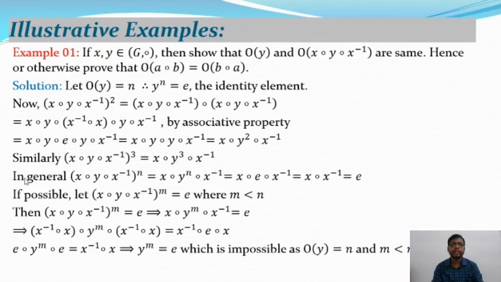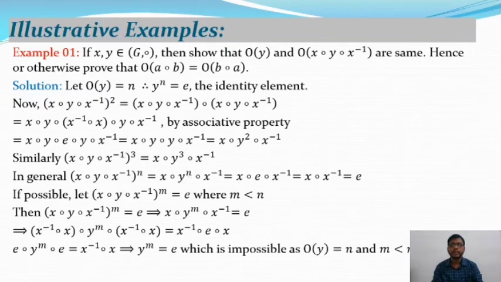So in general, x composition y composition x inverse whole to the power n, where n is any positive integer, we'll get x composition y to the power n composition x inverse. Okay, you know that y to the power n, this is the order of y, and we have already considered this in the beginning of the solution. Y to the power n is equal to e.